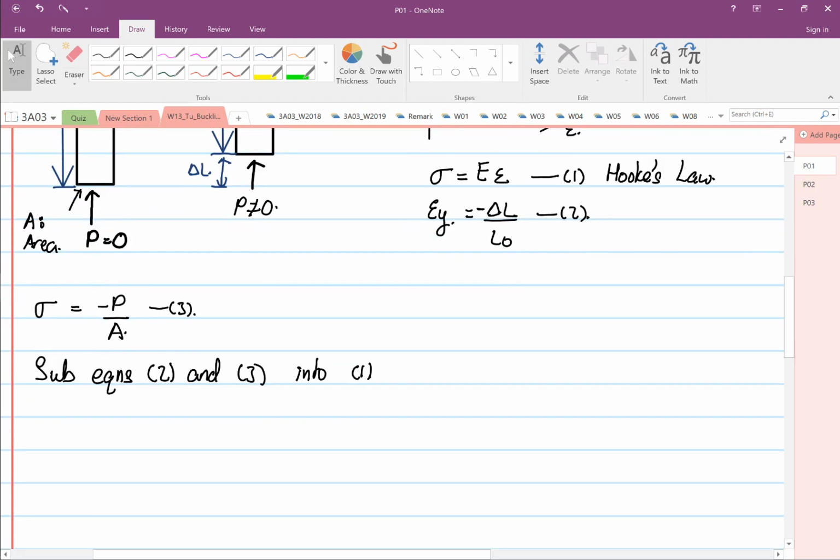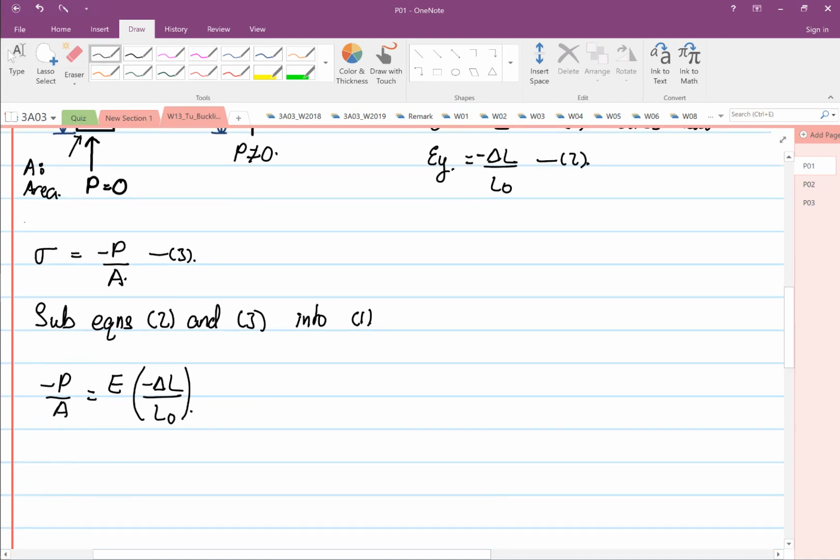We have minus P over A equal to Young's modulus times minus delta L over L naught. Rearranging, the change in length is equal to P L naught divided by AE. This formula should look really familiar to all of you. This is my equation number 4.